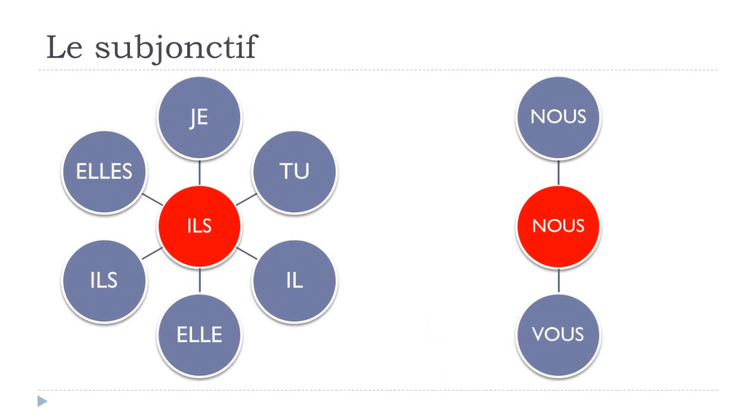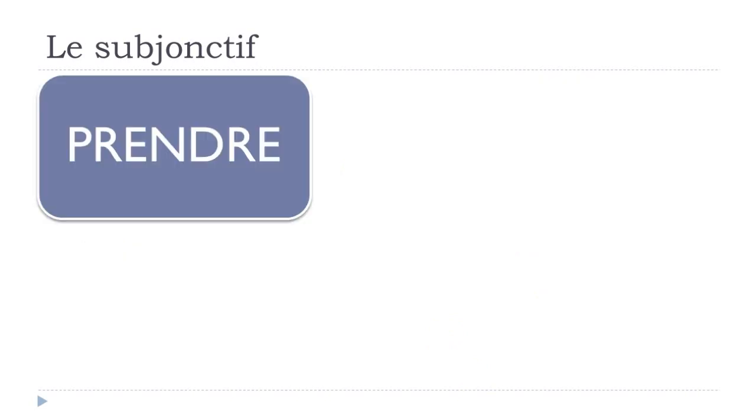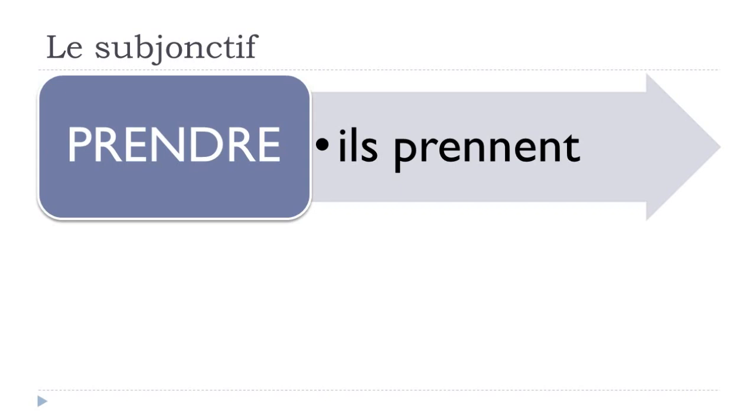So you know what? I will take a tricky verb. Just to start, we'll take a tricky verb, and after that you will think that the rest is really easy. So let's take prendre, for instance. As I told you, the idea is to take the present form of the verb.